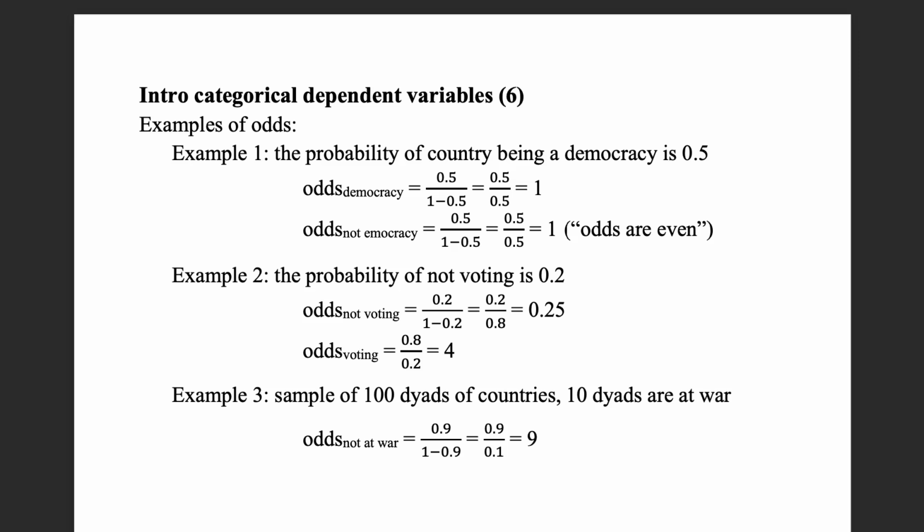So if we want to calculate the odds of not being at war, we start with 0.9, the probability of not being at war, divided by 1 minus that probability, so divided by 0.1, which works out to 9. So in this case, we see that the odds of not being at war is 9, meaning that it's 9 times as likely to not be at war than it is to be at war for countries. Yeah, so that's how to interpret these odds.